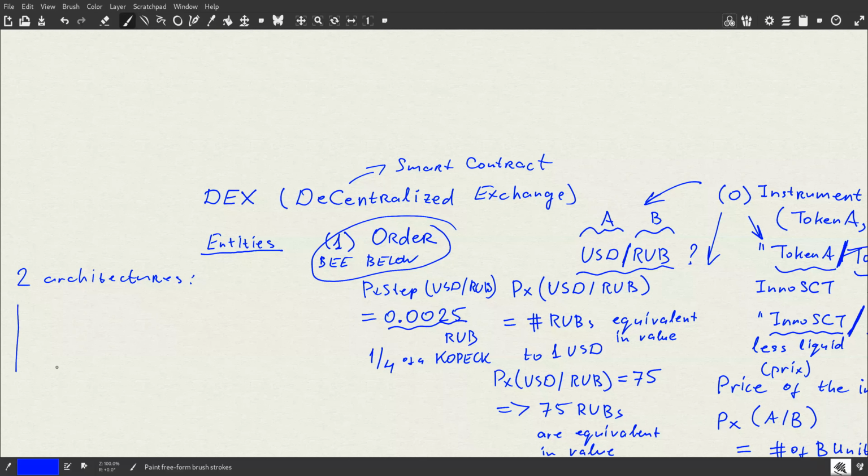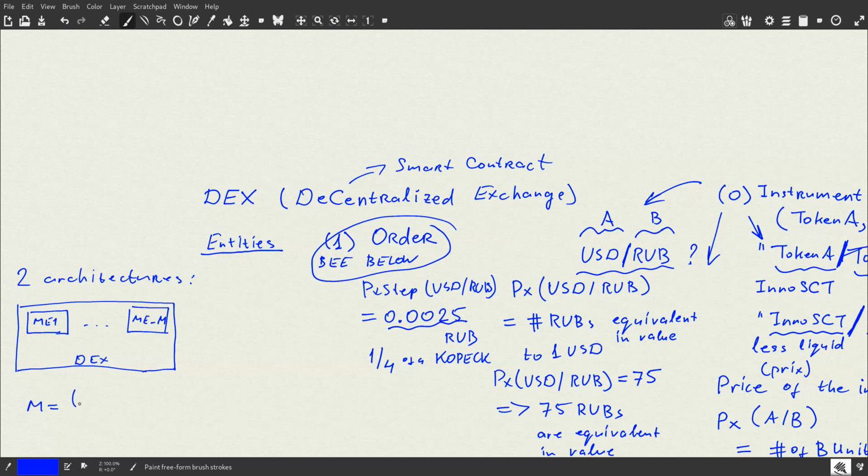So one architecture is one DEX, and within this DEX, we have matching engine 1, and so on, matching engine M, where M, you remember from our previous lecture, is N times N plus 1 over 2, and N is the number of instruments.